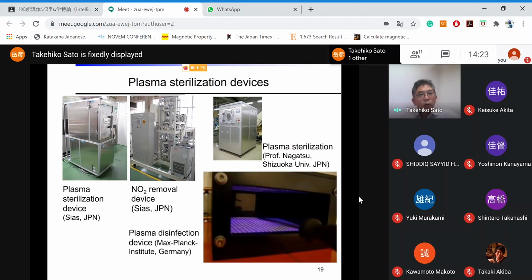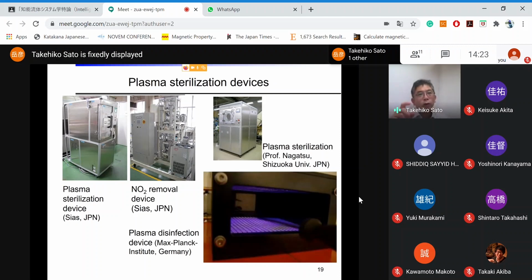So in our case, we developed the contact lens sterilization. In this case, we can use a very small volume because the contact case volume is only 5 cc, and we put water inside. After the nitrogen oxides are generated, most of the nitrogen oxide dissolves into water.